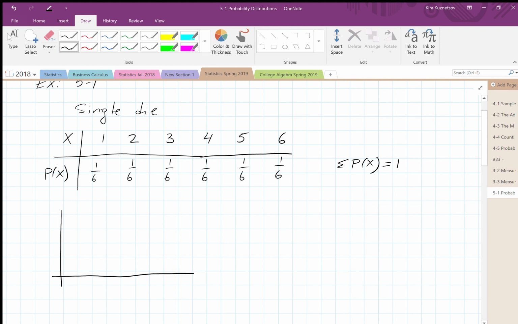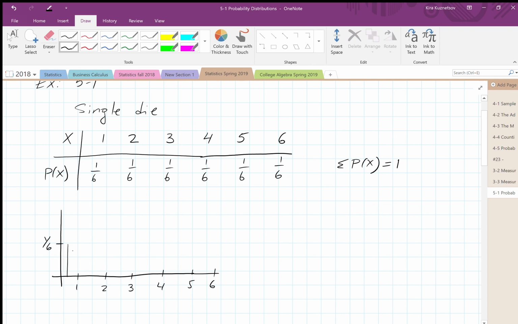I'm drawing this by hand, but you can easily do this in Excel. Your x-axis should be your 1, 2, 3, 4, 5, and 6. And right up there, you should have the 1/6.